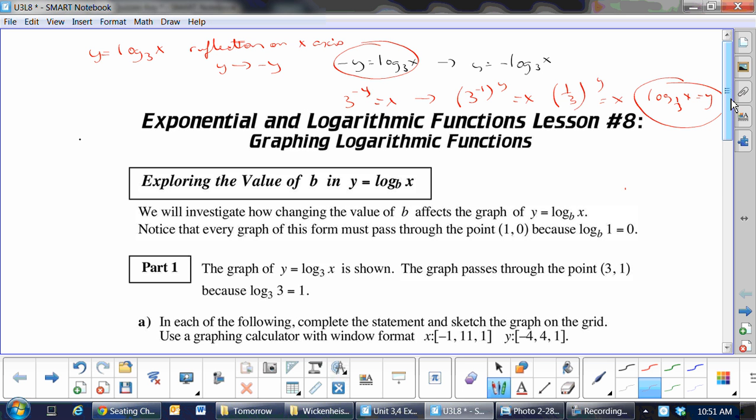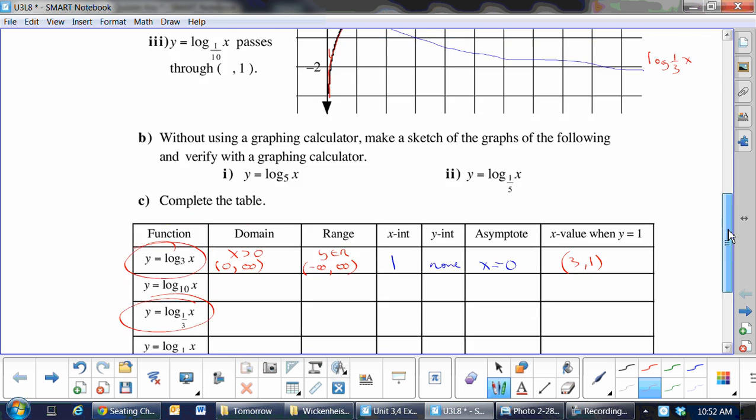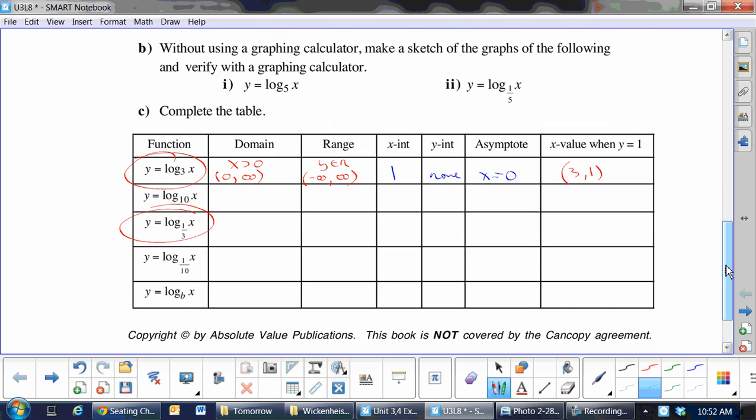Now that's something that you kind of just need to start to know. If you ever get lost, you can prove it, or you can go there. But let's talk about the domain and range of it. You can see it there in red. What would be the domain? X is greater than 0, or (0, infinity).